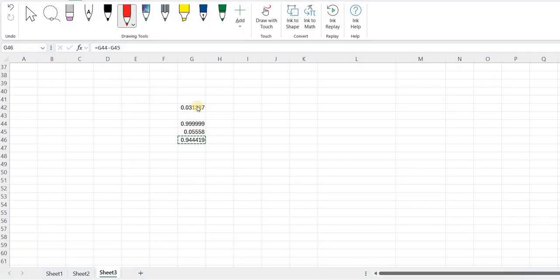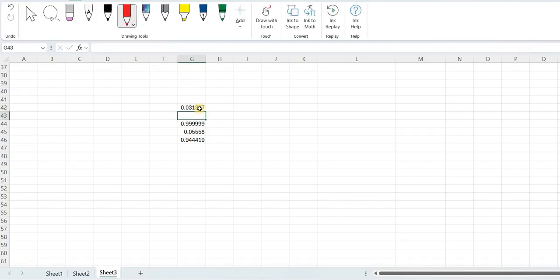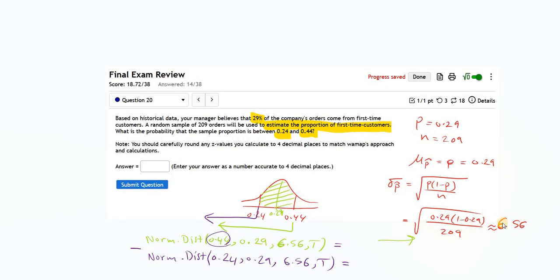So I figured out the problem. When I computed this, this was multiplication here, so that was my mistake. It was the multiplication, and now it is division, so the standard error is 0.031387. So the standard error I had before is actually not right.